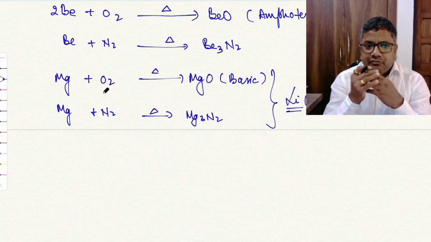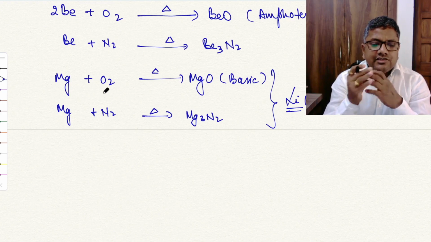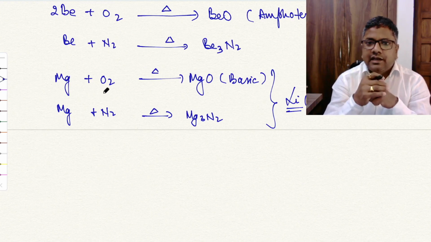And if we see, calcium, strontium and barium are readily attacked by air to form oxide and nitride.